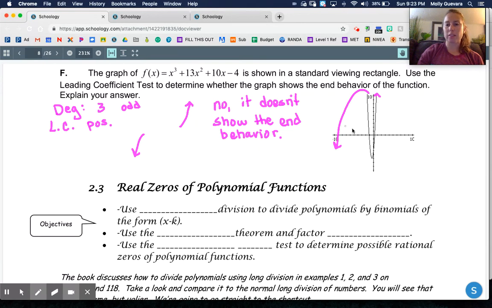But as of right now, I know that that graph is not showing me everything because I know what it's supposed to look like. So that's something to keep in mind if you're graphing these on your graphing calculator. Keep in mind that it might not be showing you the entire function, right? Use your leading coefficient test to determine what it should look like and then decide if it's showing you the whole thing.